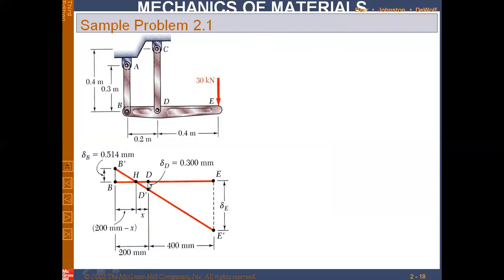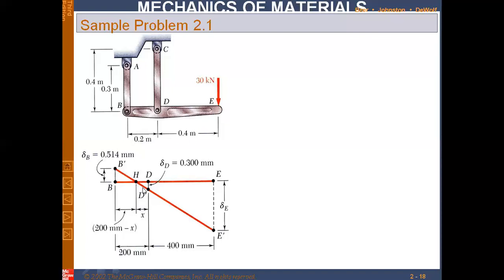This displacement D D dash is delta D, which we have already calculated. We want to calculate this. This distance BD is given, it is 0.2 meter, and this distance from B to E is also given, it is 0.4 meter.